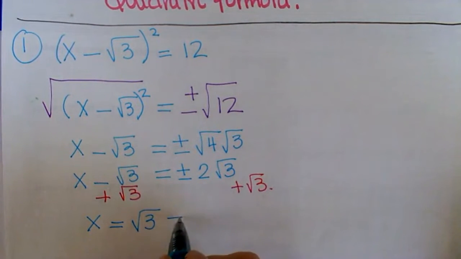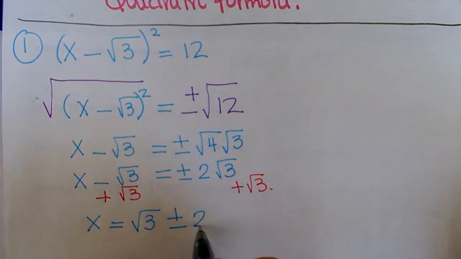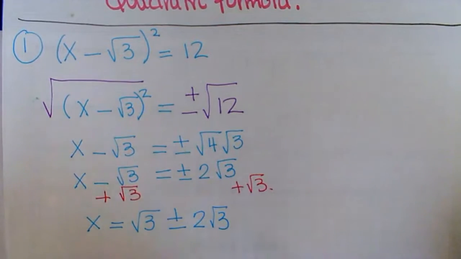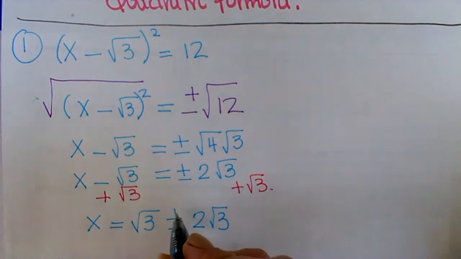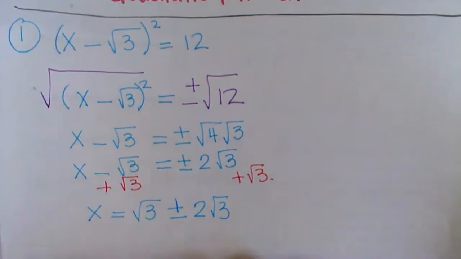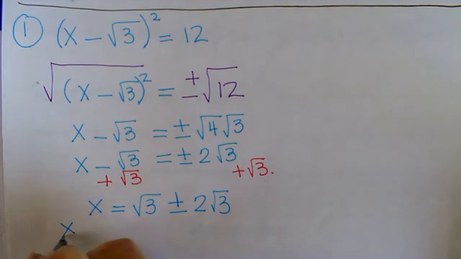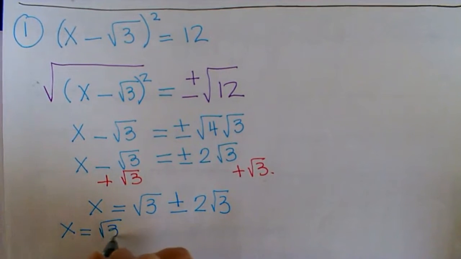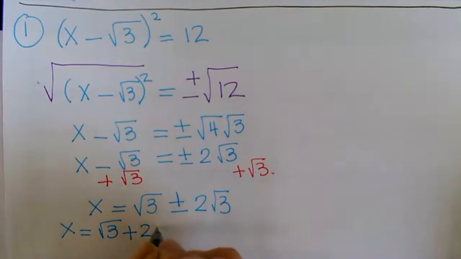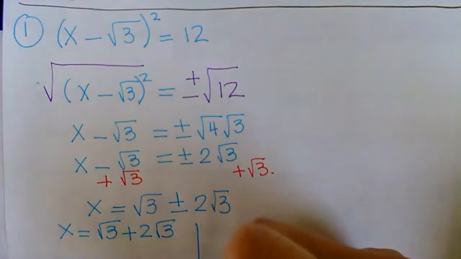Square root of 3 plus minus 2 times the square root of 3. One answer is going to be x equals square root of 3 plus 2 square root of 3.